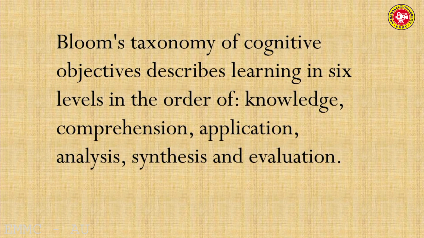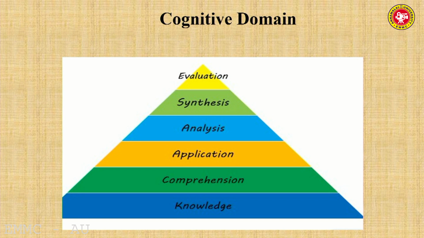Bloom's taxonomy of cognitive objectives describes learning in 6 levels, in the order of knowledge, comprehension, application, analysis, synthesis, evaluation.